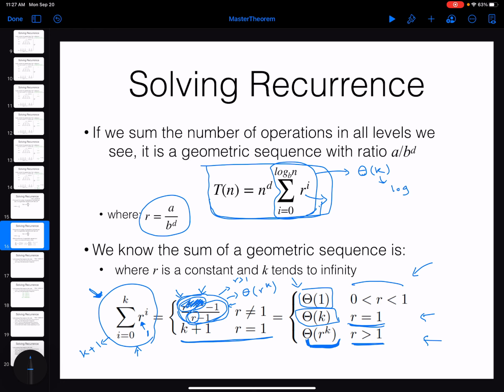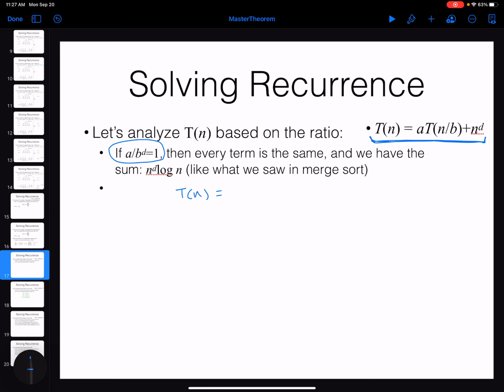K was log of N in base B. And you also have this term N to the D. So you need to multiply N to the power D by log of N to the base B. So the result is going to be N to the power D log of N. You know that the bases are not important for us, so I'm going to just ignore that. So T of N is going to be theta of this, or you can just write it as big O, N to the power D log of N.